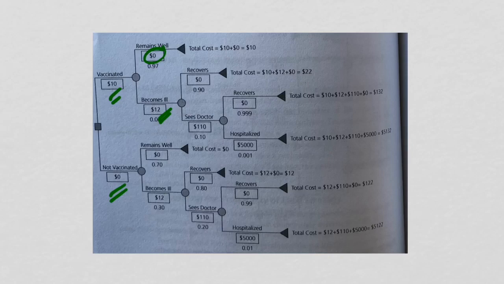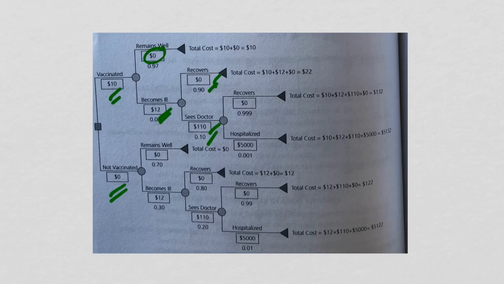If we were to take the over-the-counter medication and recover, there's zero cost. But let's say we took the over-the-counter medication and we're still sick. Then we'll have to go see a doctor. Let's say this is copay and maybe some stronger meds. So that's $110.